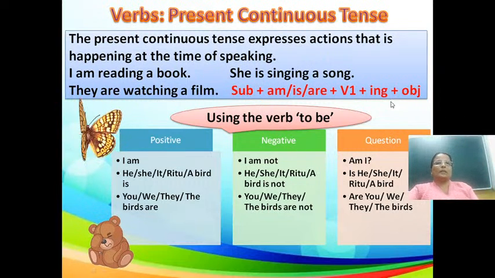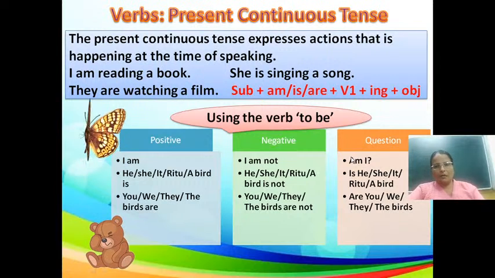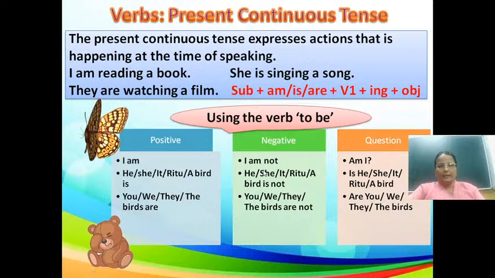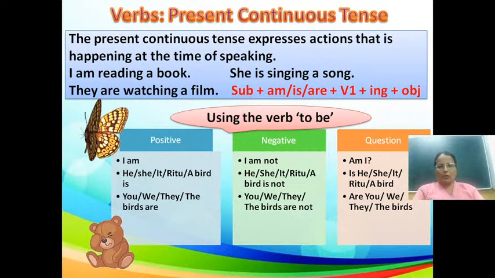Now negative sentences. Look, if we have to form negative sentences in present continuous tense, we have to follow the particular format. What is that? If the subject is I, then I plus am plus not plus ing form of the verb plus object.